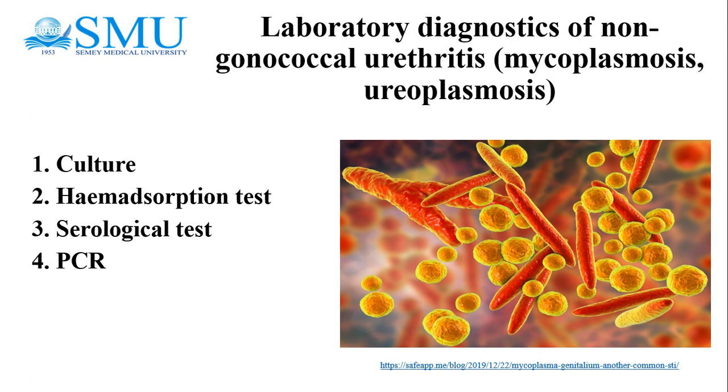And for antibody detection we use cold agglutinins, the Streptococcus MG agglutination test, and the complement fixation test. This is the most widely used serological test for diagnosis of Mycoplasma pneumoniae and other species of Mycoplasmas.